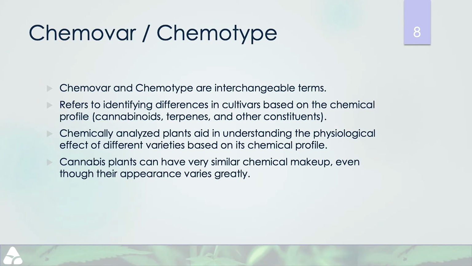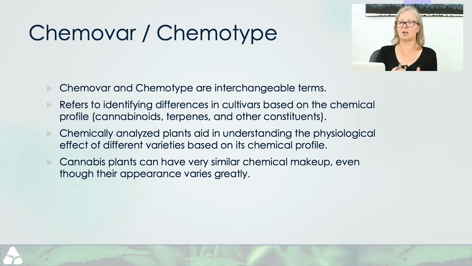Chemovar or chemotype, these are also interchangeable terms, and this refers to identifying differences in cultivars based on the chemical profile. So that's when we actually do a chemical analysis of the plant and look at the differences in there. Chemically analyzing plants aids in the understanding of physiological effects that the plant may have.